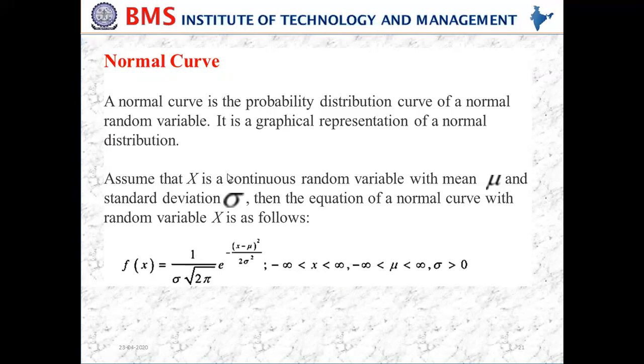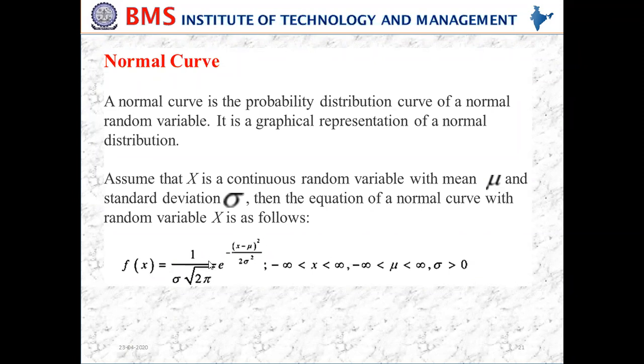Assume that we have x, a continuous random variable, with mean mu and standard deviation sigma. Then the equation of the normal curve is f(x) = 1 / (sigma root 2 pi) e to the power of minus (x minus mu) whole square by 2 sigma square.